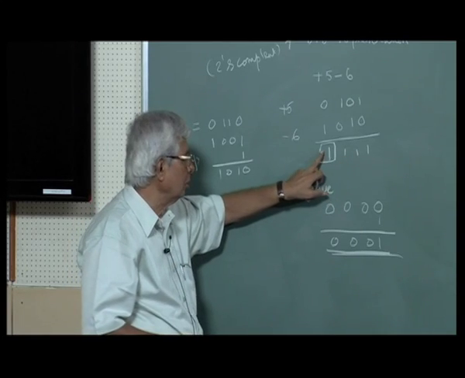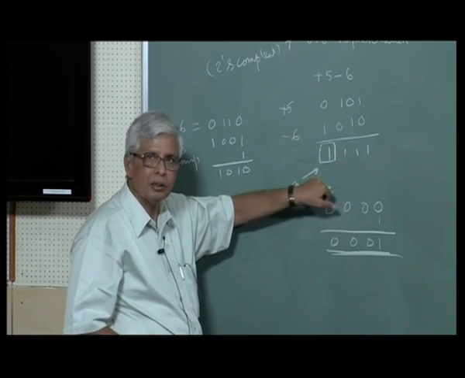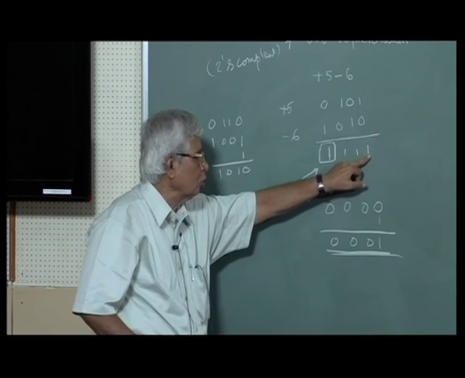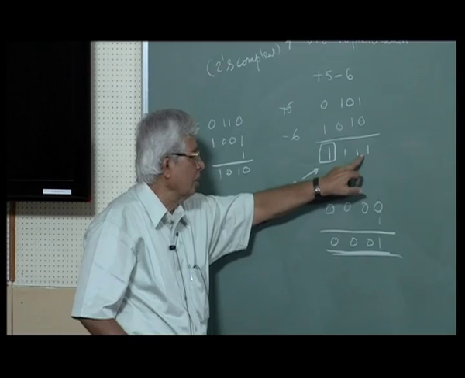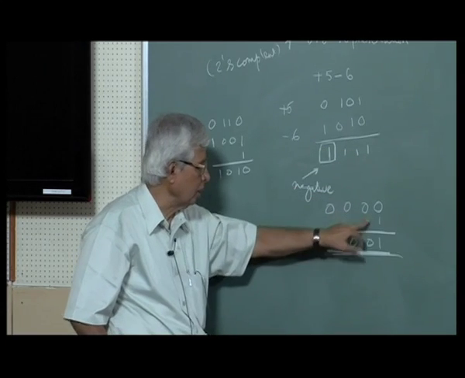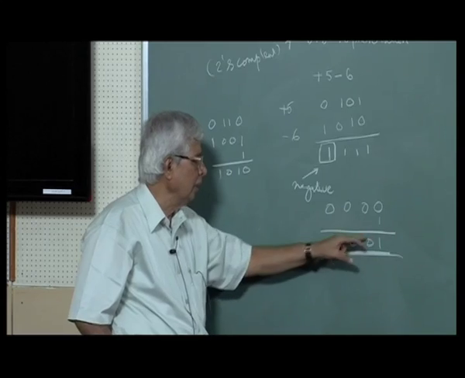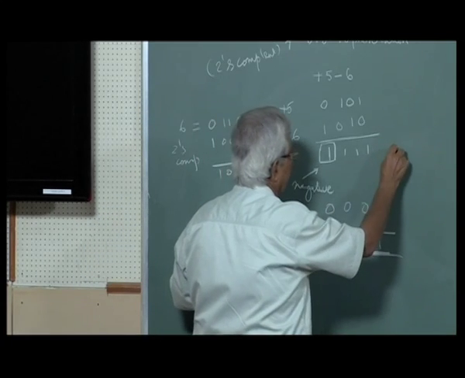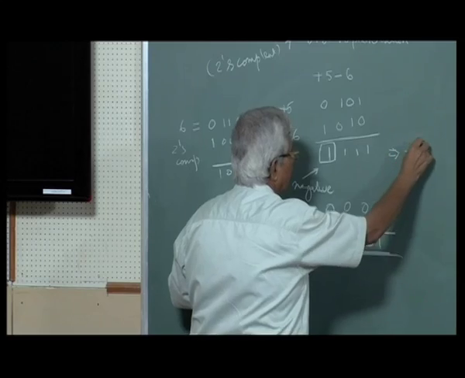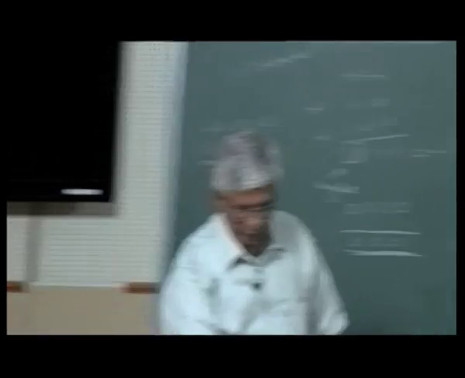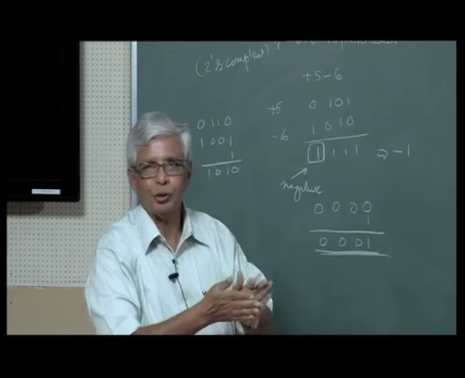So you convert it back to 2's complement. The 1's complement is 0 0 0 0, plus 1, it is 0 0 0 1, which is negative 1. So you have to say it is negative 1. Just for a minute I got confused.